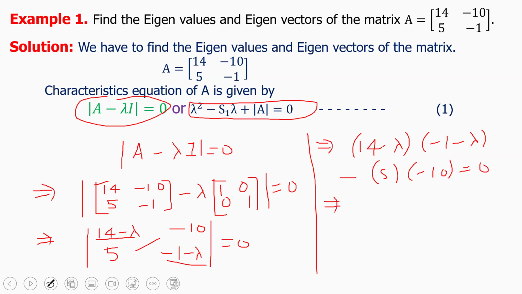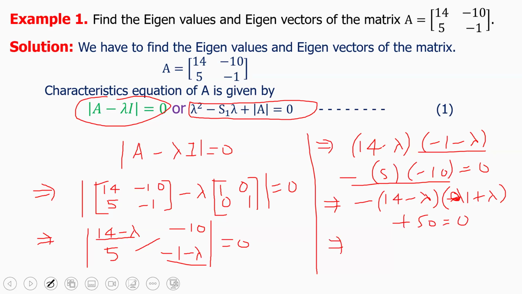If we take the minus sign out from this part, we get minus (14 minus lambda)(1 plus lambda). This minus 5 into minus 10 will become plus 50, equal to 0. If we multiply this out, minus of (14 plus 14 lambda minus lambda square) plus 50 equal to 0.